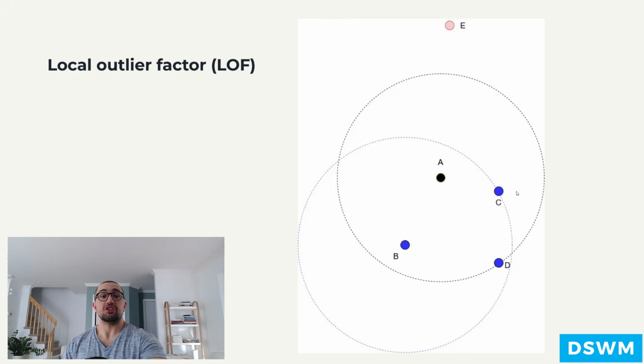And then once you have that reachability distance calculated for all k nearest neighbors of A, you can calculate the local reachability density. And that's simply the inverse of the average of all the reachability distances, okay? Intuitively, what the reachability density tells us is how far we have to travel to reach a neighboring point.